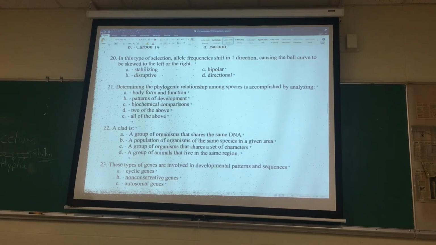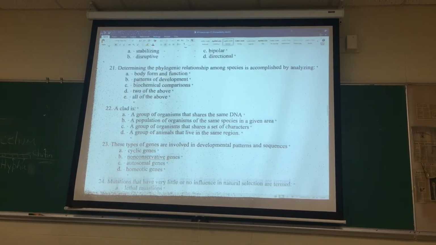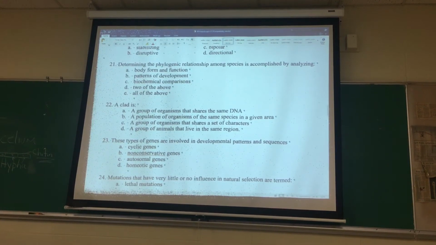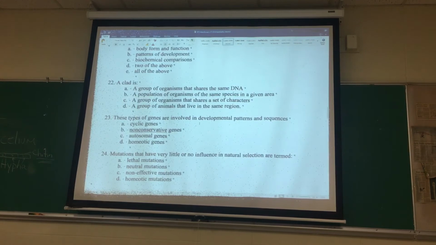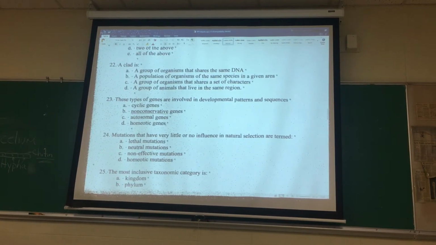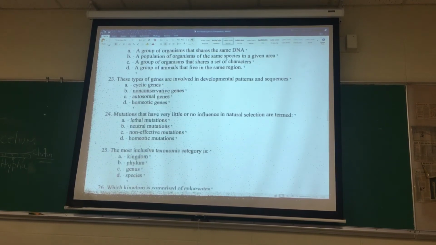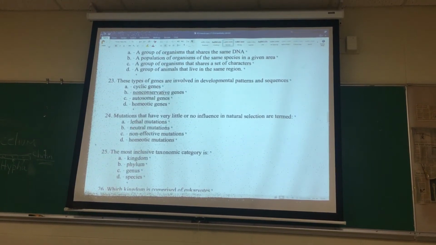And a clade is a group of organisms that shares a set of characters. Homeotic genes are involved in developmental patterns and sequences. If a mutation has very little influence, it's a neutral mutation.